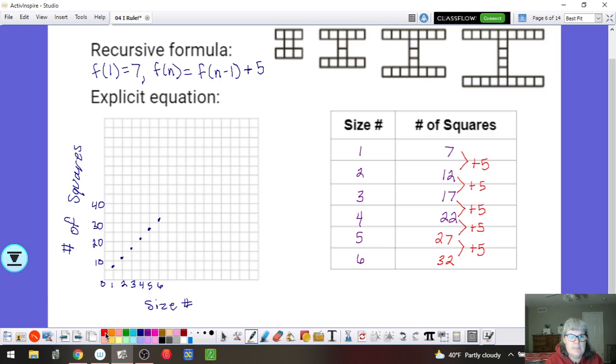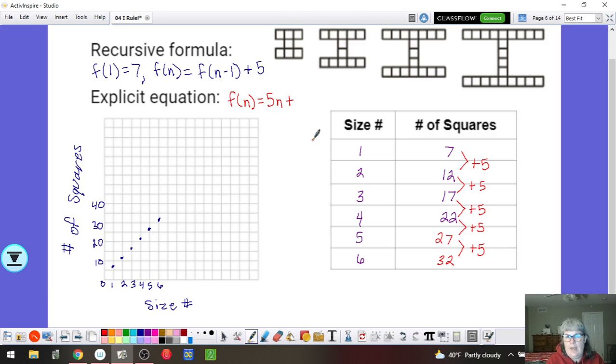The explicit equation, because this is a linear pattern, should represent that of a line. Well, our rate of change is always 5, so we have 5n, that's our slope with the variable we're using, but we need to determine the y-intercept.